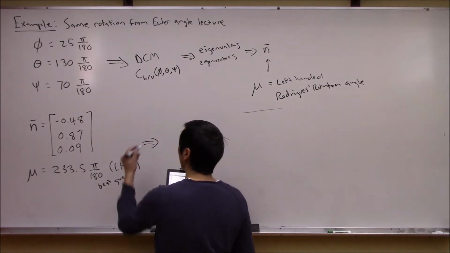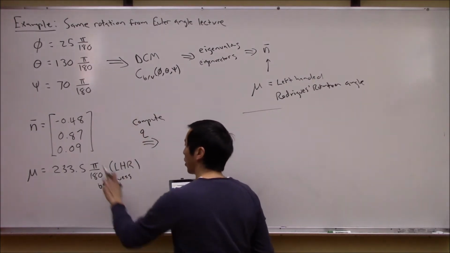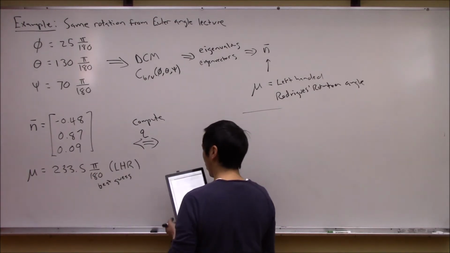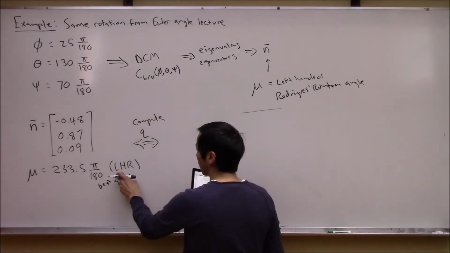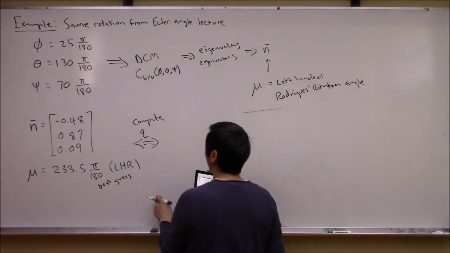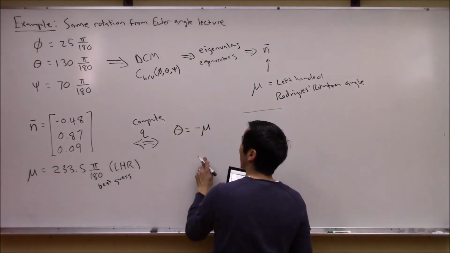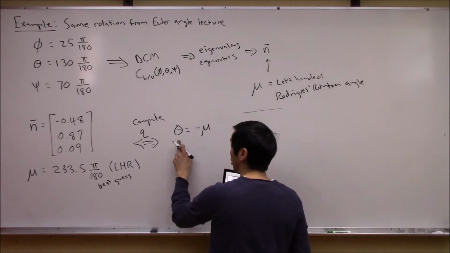So in order to do this, we want to go ahead and compute Q, our equivalent quaternion, which represents this. Maybe we should have a two-way arrow, kind of saying that it's representative, right? Okay, so the first thing we should do is get rid of this left-handed rotation, change that to a right-handed rotation. So let's say theta is just going to be minus mu. That converts from the left-handed to a right-handed rotation, so theta is a right-handed rotation.